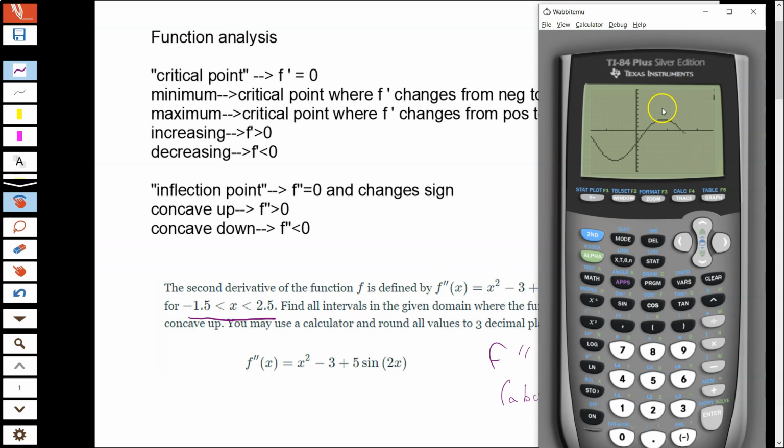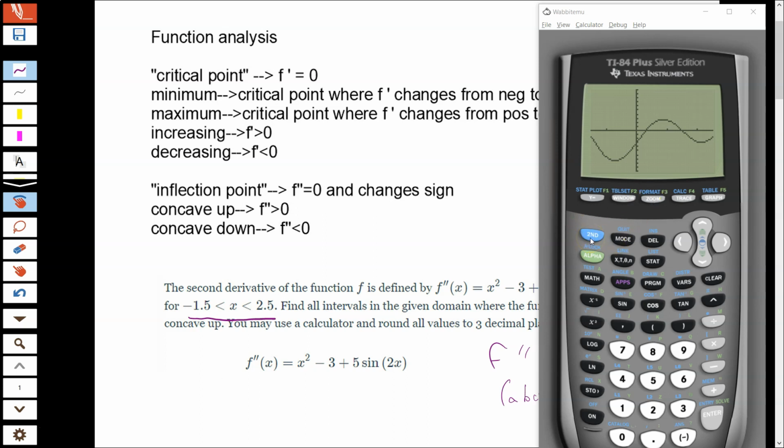If, for example, this went way up here and got cut off, I would want to adjust. What I see here is there is some piece of the graph where my function is positive, my second derivative is positive, but I'm not sure where that interval is.